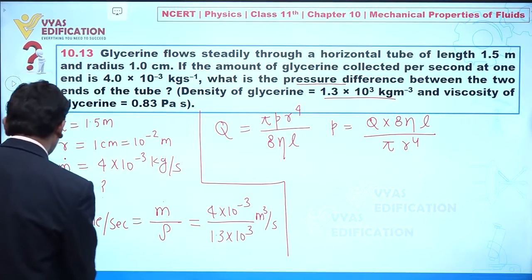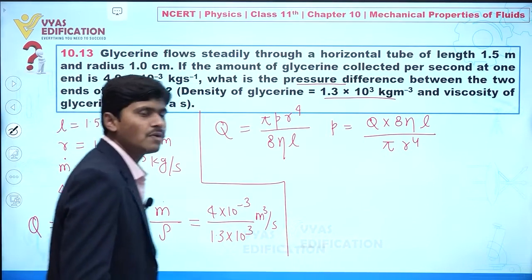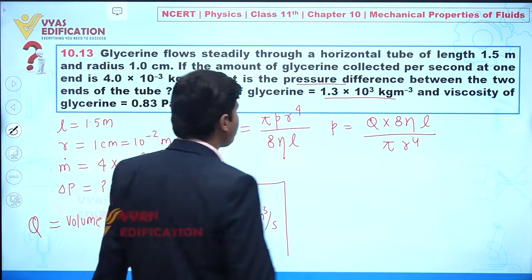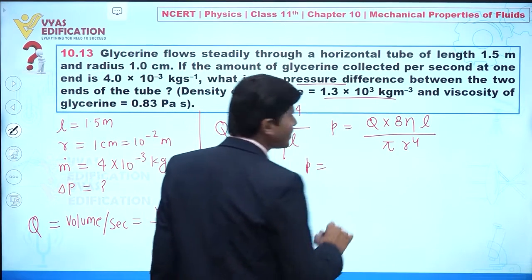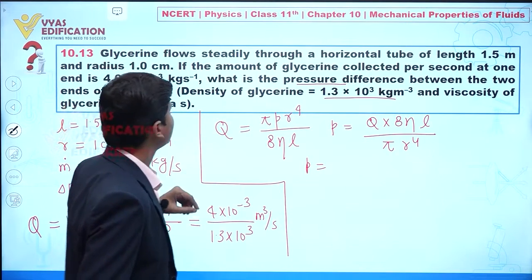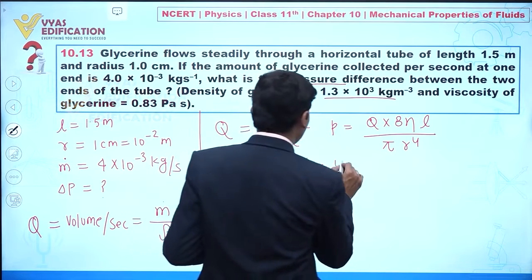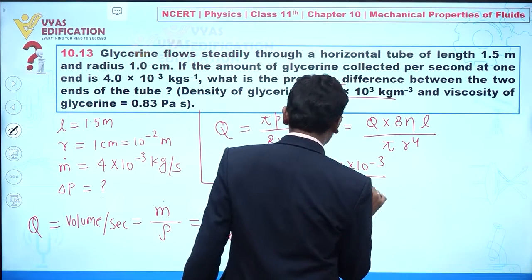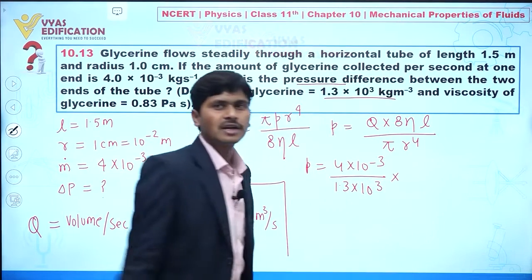Actually what is Q here? This Q is the volume flow rate per second, or you can say directly the volume flow rate. Clear? So now this pressure difference is given by the value of Q, that is 4 into 10 to the power minus 3 divided by 1.3 into 10 to the power 3. Clear to everyone?